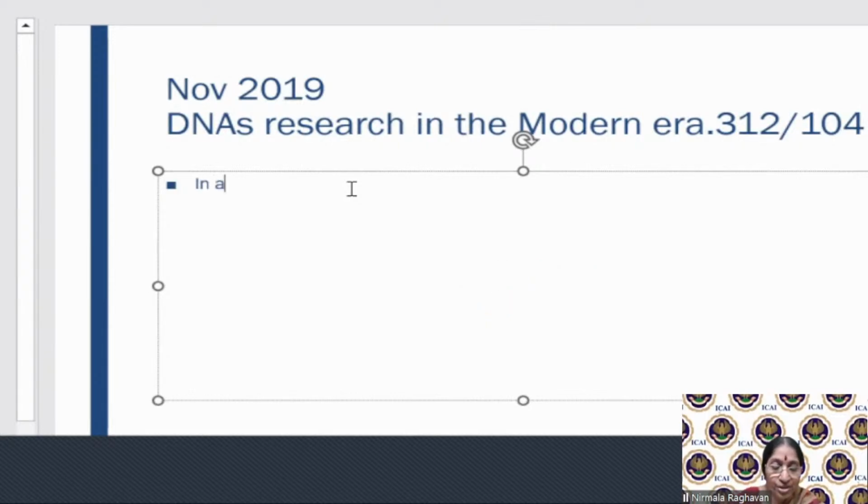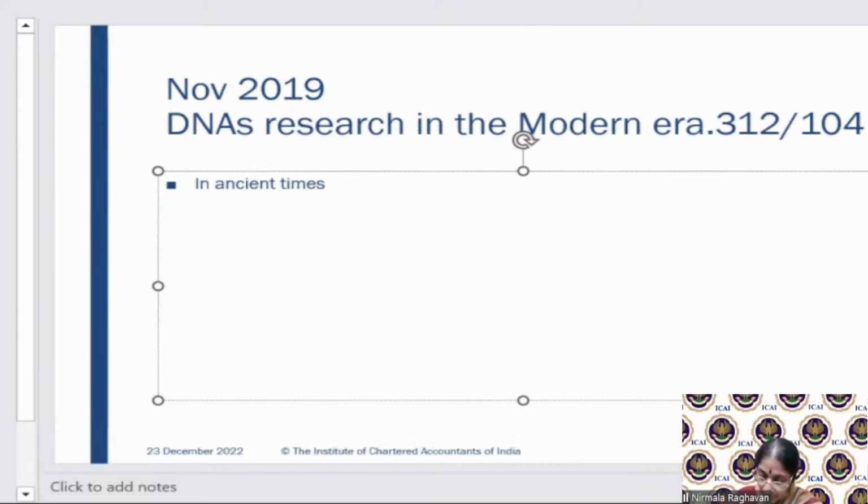Now, in ancient times, researchers believed that DNA died with age.